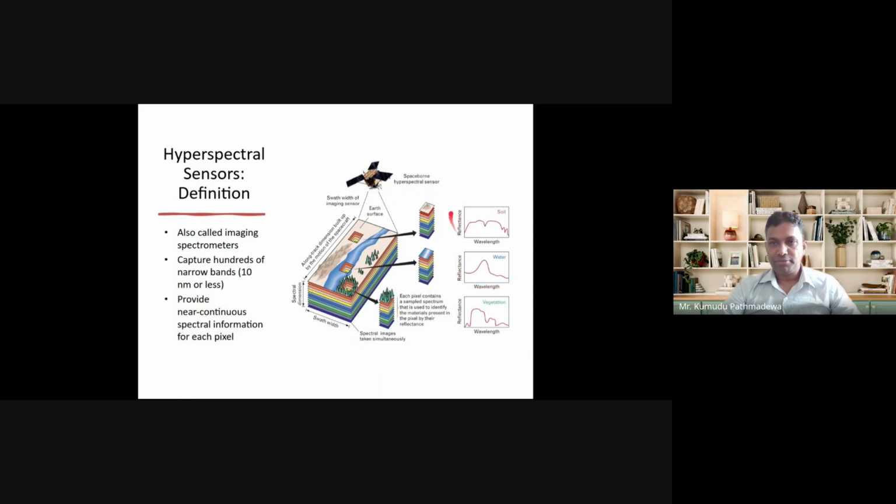So one who has the knowledge can clearly say this area has soil, this area has water, and this is a vegetation area. So it is clearly identified by making this graph.